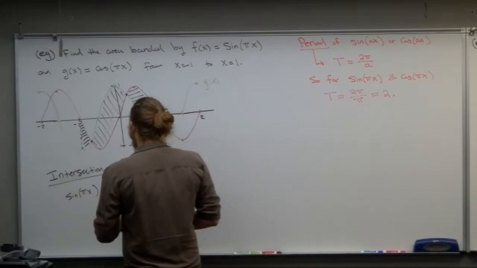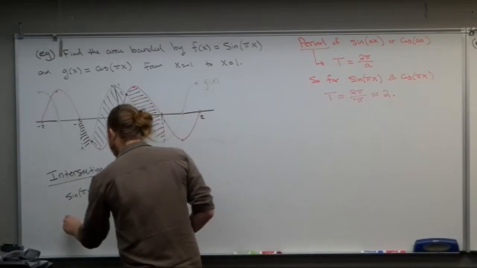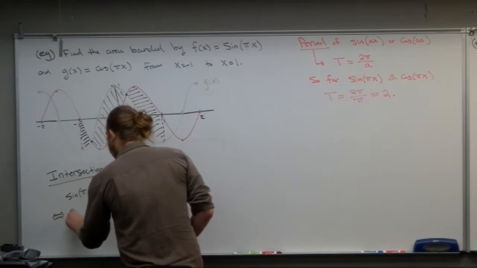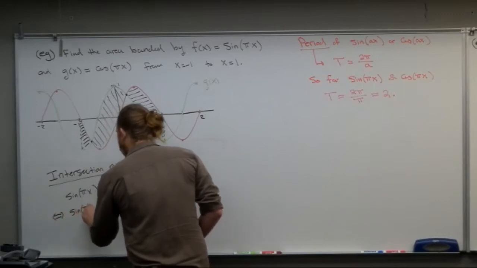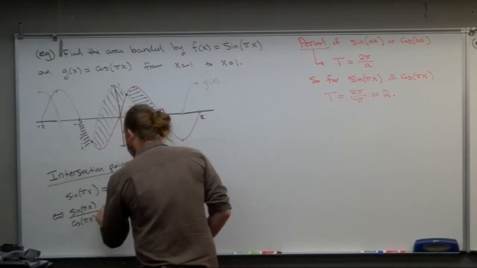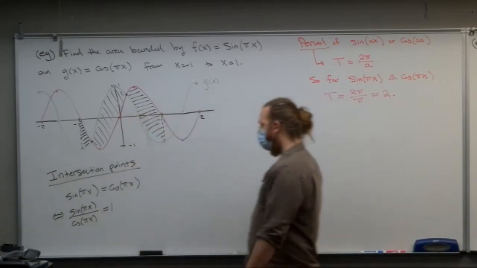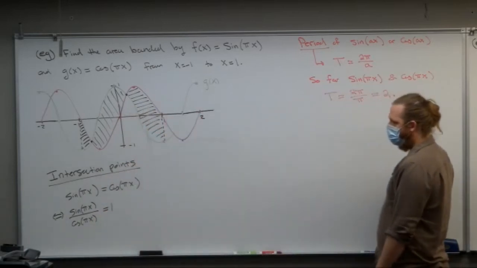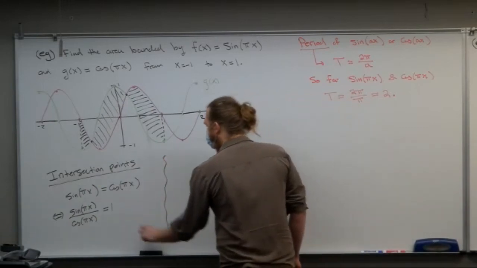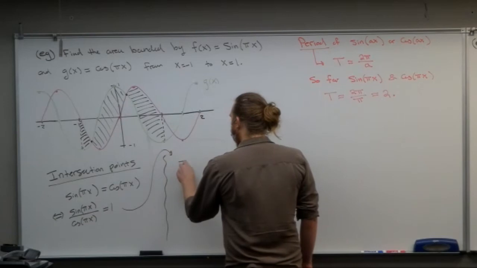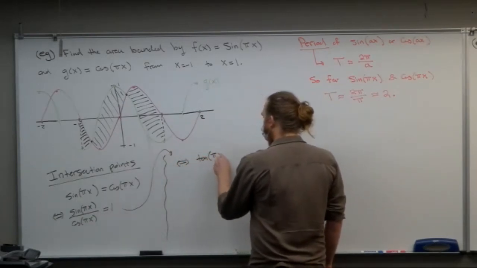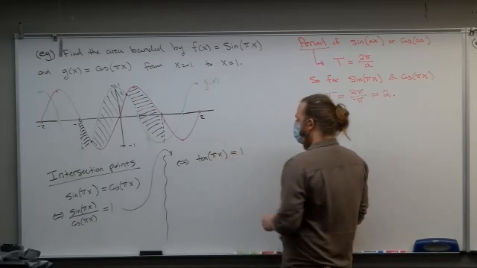There's a handful of ways we could attack this. So I'll do the first one. This is the same as saying that sine pi x over cos pi x is equal to 1, and that itself is the same as saying that the tangent of pi x is equal to 1.